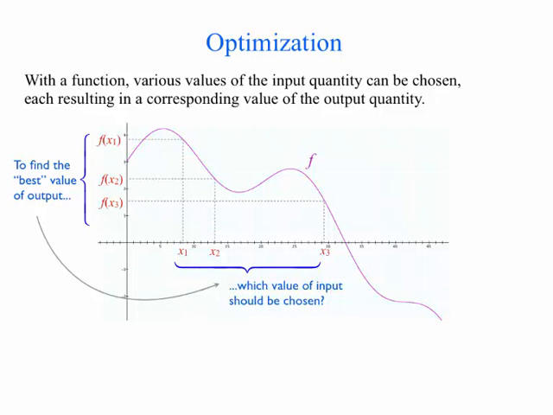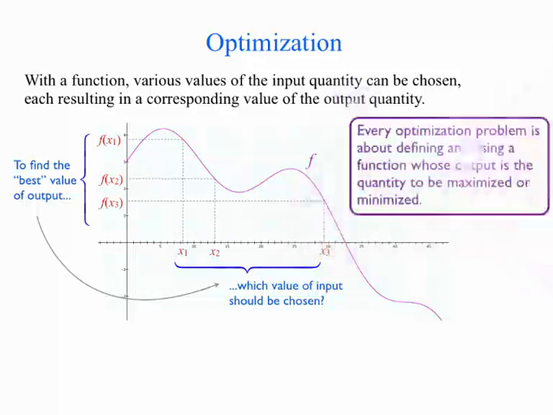So what makes these problems hard is this. Every optimization problem is about defining and using the function whose output is the quantity to be maximized or minimized. And defining this function is where these problems are difficult. Coming up with the function. But the whole problem revolves around that function.